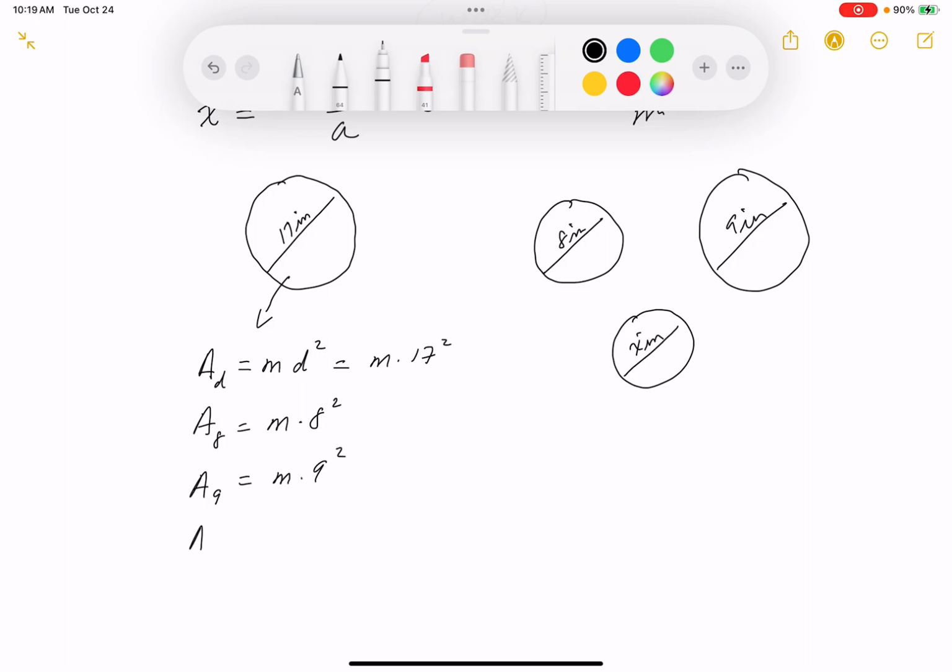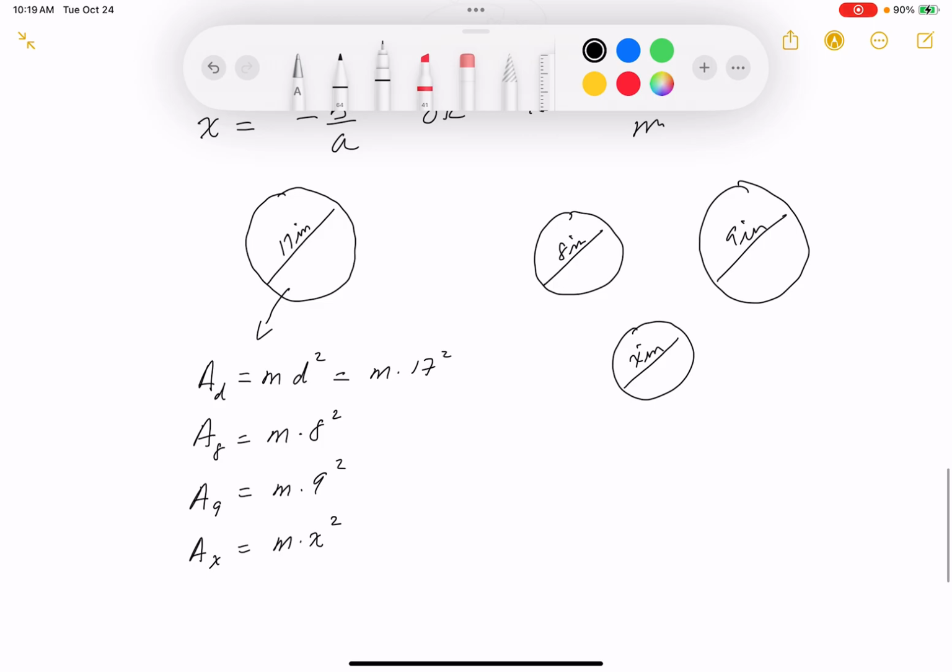And this one over here, the AX one, I have no idea what that is, but that's going to be M X squared. All right? That's the area, by the way. There's some constant there. And again, if you know the constant, it doesn't really matter, by the way. You probably should know the constant, but let's say you don't know the constant.